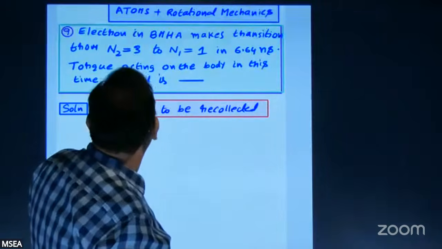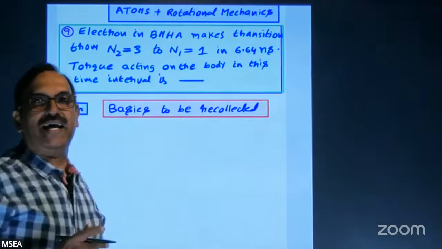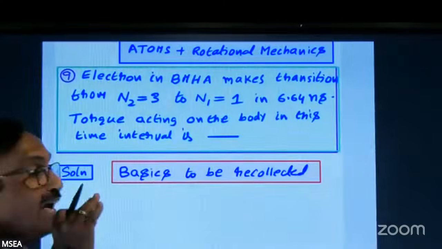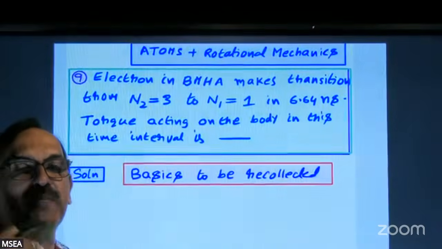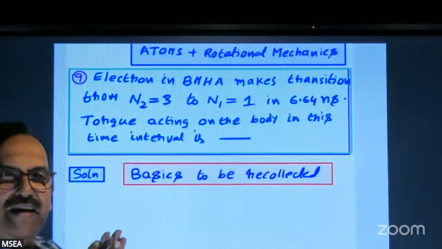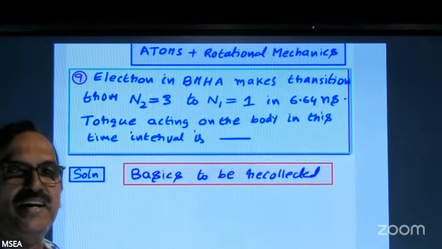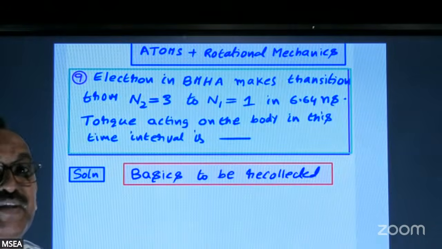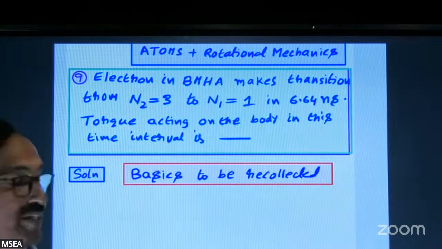We do one last bit here and stop the class. Pay attention. It is a combination of atoms plus rotational mechanics. There is absolutely nothing difficult, but you need to think a little to get the answer on your own. You can do it.